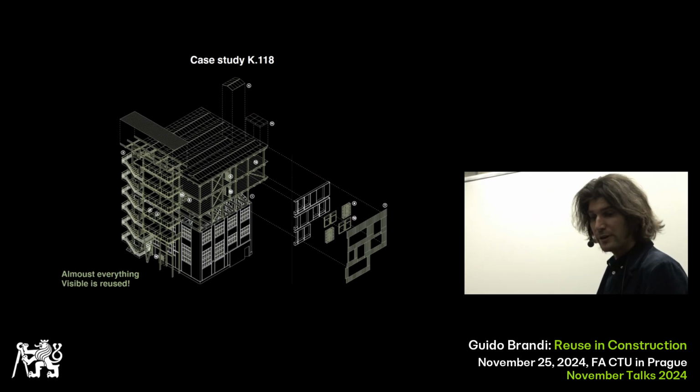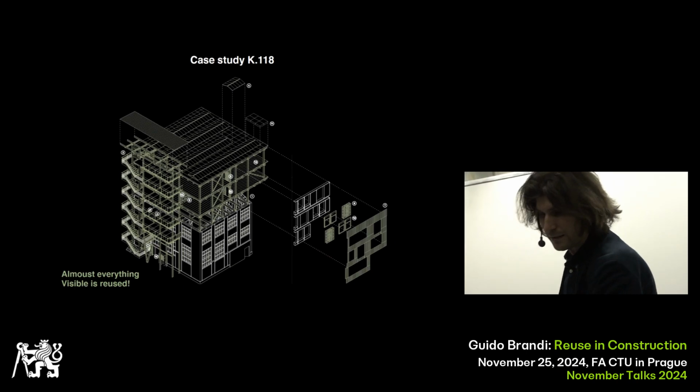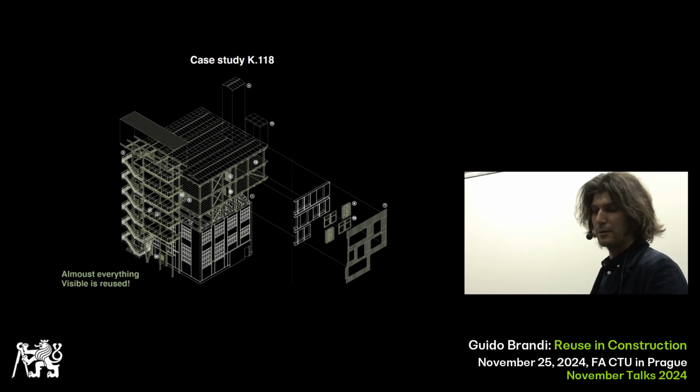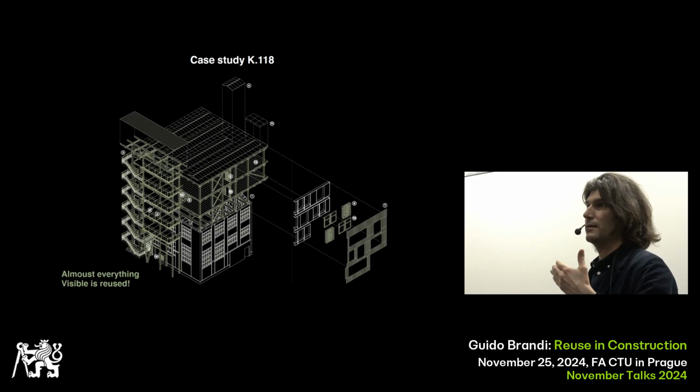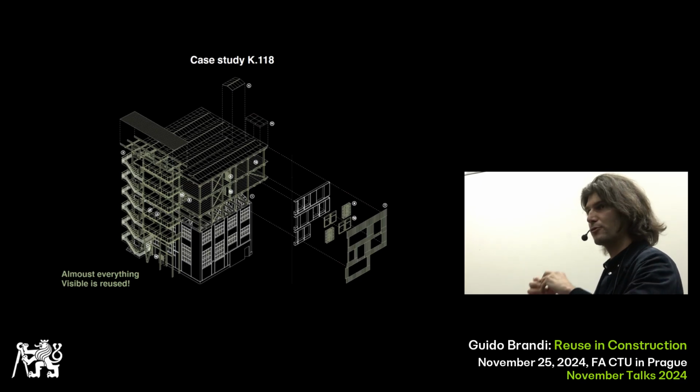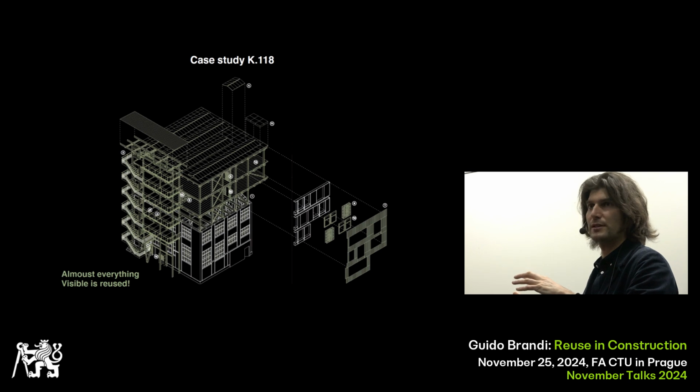We did some drawings to show this project, and we quickly found out that we needed a new color to show reused elements, and so this is something that also got institutionalized, let's say, in our school. When we speak about reused elements, we always draw them in green.